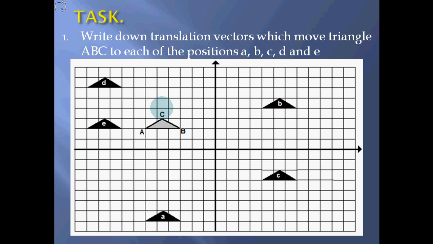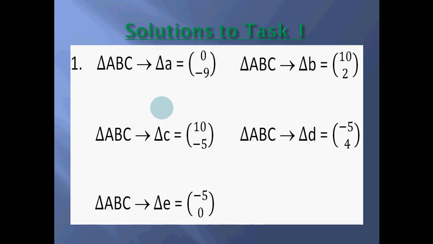All right, let us check our answers. So if you got any of what you are able to see there, triangle ABC has been mapped onto triangle A by (0, -9), meaning that there is no movement along the x-axis.